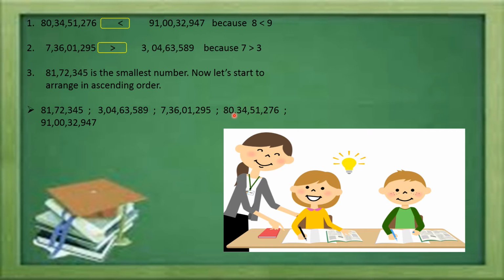Now at the fourth position, which figure will come? 80 crore 34 lakh 51,276. And which is the greatest one? That is 91 crore 32,947. This is how we can arrange a large number of figures in ascending order.